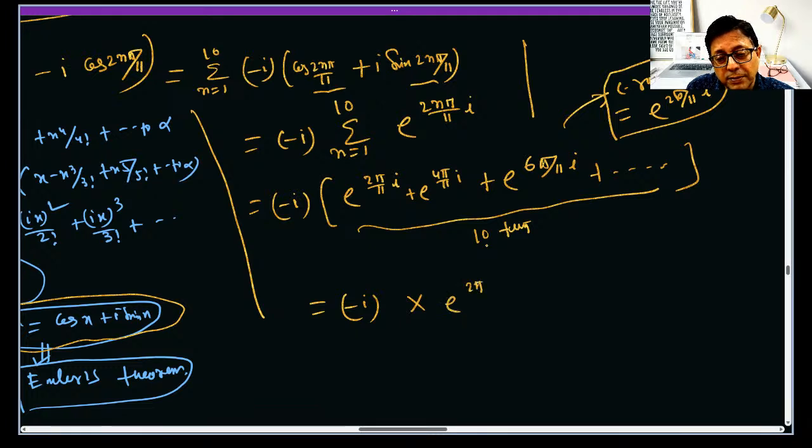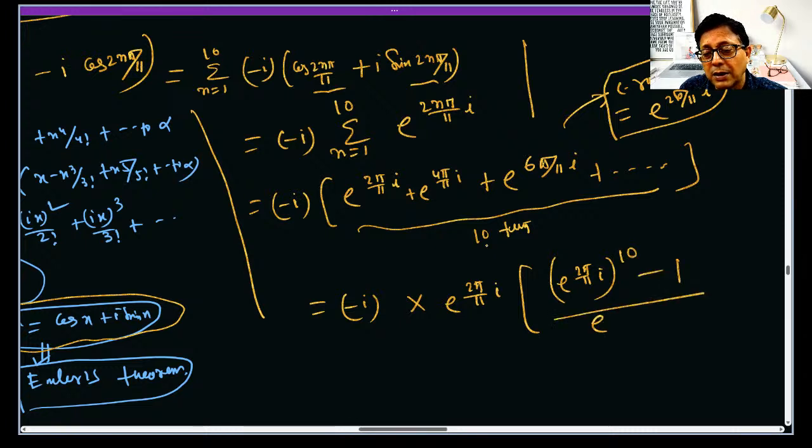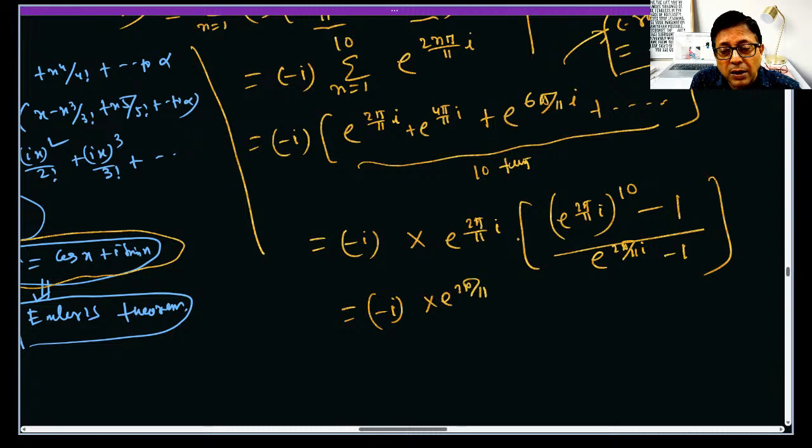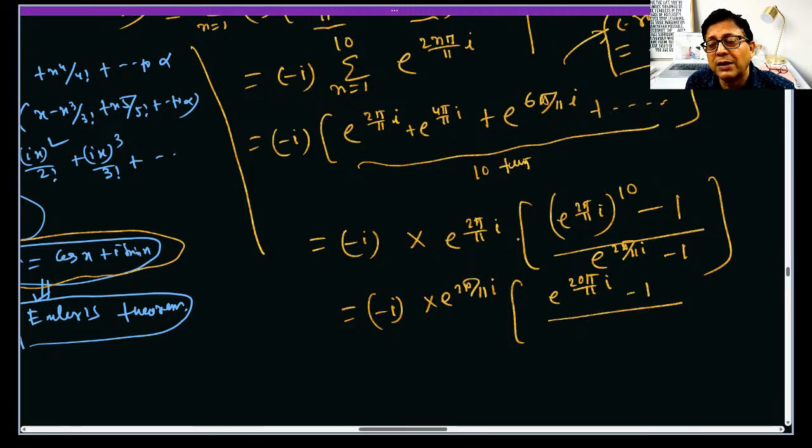So with that common ratio we can write the sum: first term into r to the power n minus 1, divided by r minus 1, that is e to the power 2π/11 i minus 1. Now the numerator is e to the power 20π/11 i minus 1.